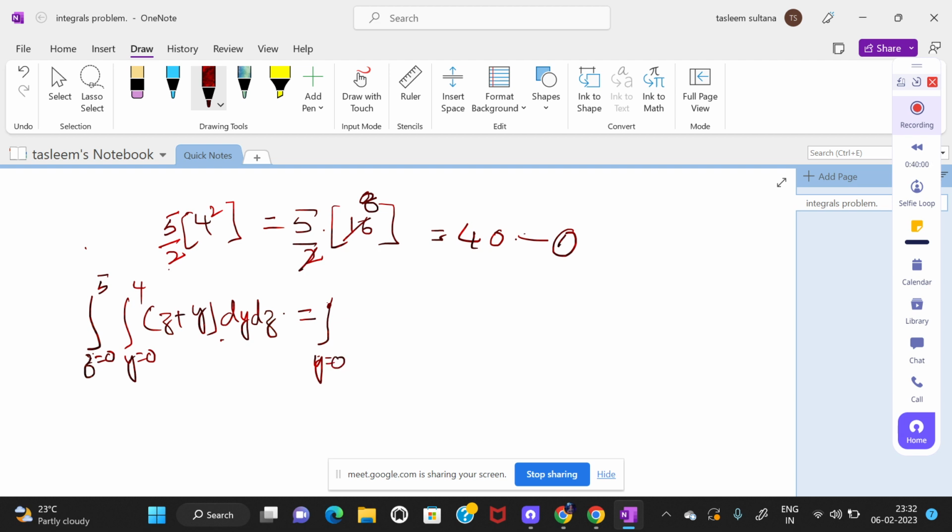This is your y equals 0 to z. Z is equal to 0 to 5. This will be 0 plus z, oh god, it should be z, no?